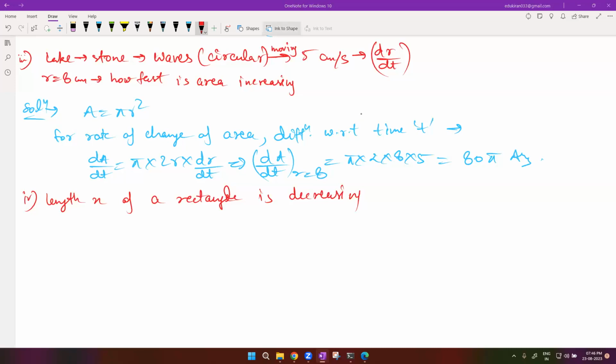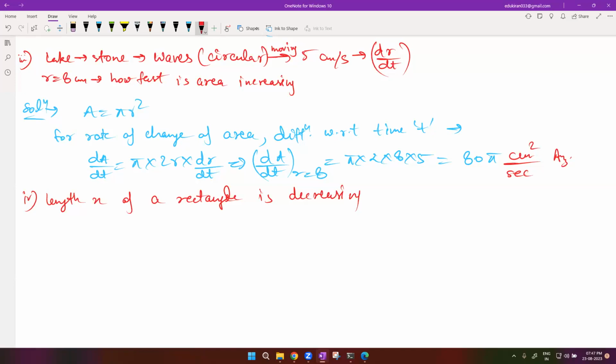Yes, correct. Awesome. The unit will be centimeter square per second. Always focus on the units also. My bad, I forgot. Always write the final answer with unit.